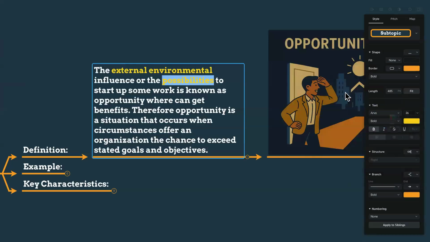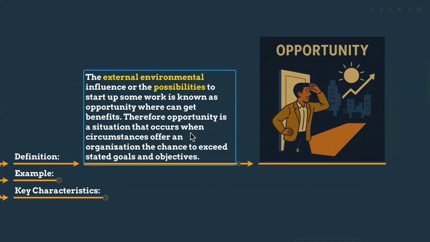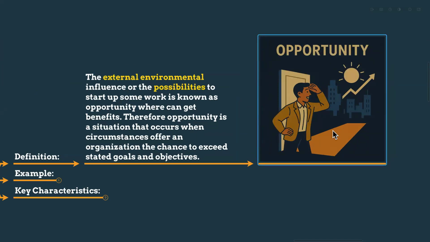You can do something to solve this problem. So that's an opportunity. You can earn profit. Therefore, opportunity is a situation that occurs when circumstances offer an organization a chance to exceed the stated goals and objectives. Simply, it's a chance to do better than expected or planned.